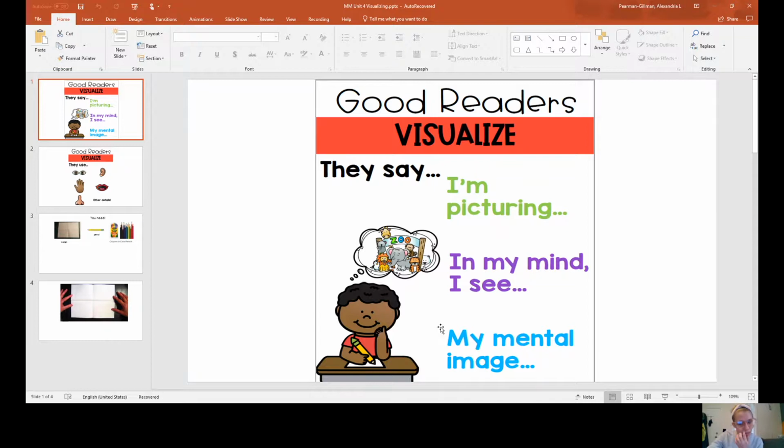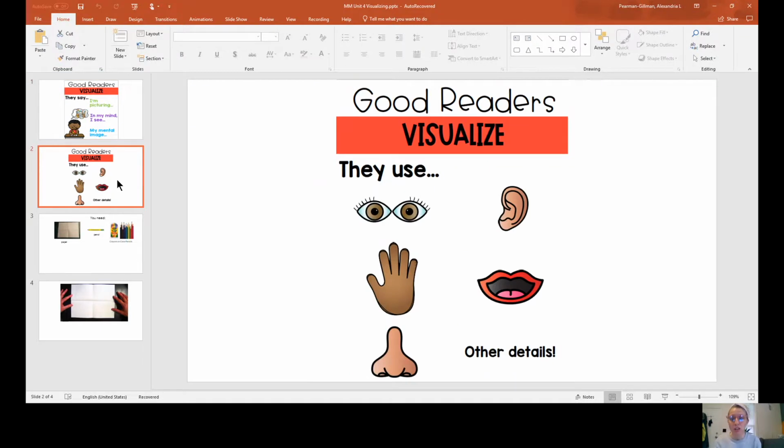And remember, this picture shows a kid with a mental image of the zoo in their mind. Remember also, friends, good readers visualize. They use their eyes, their ears, their sense of touch, their sense of taste, their sense of smell, and other details in order to play a movie in their head, to visualize, to find a mental image.